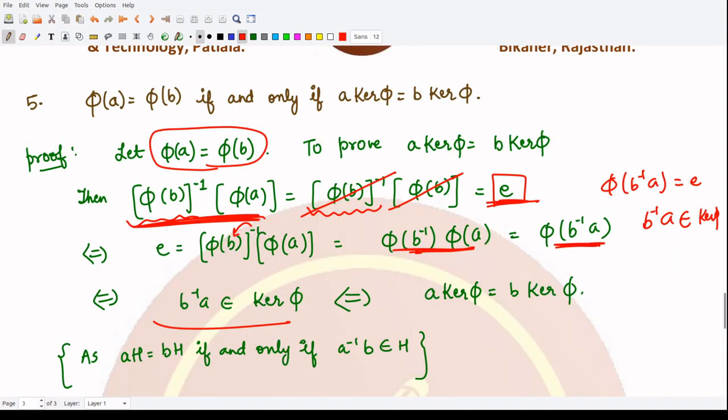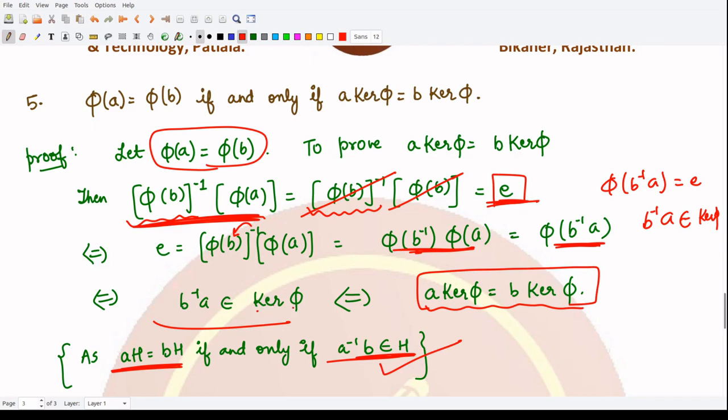And using this result here, if you have a inverse b belonging to some subgroup H, then aH would be equal to bH. These two cosets would be equal to each other. Hence from here you can clearly say a kernel phi is equal to b kernel phi, and you can reverse the steps here in order to prove the opposite result. Why? Because you can suppose that a kernel phi is equal to b kernel phi. So using this result, again you have b inverse a belongs to kernel phi.